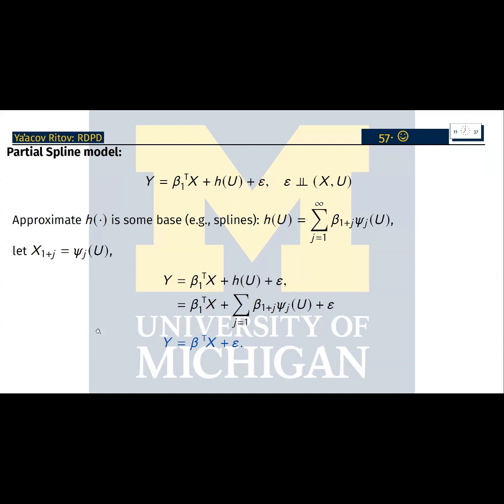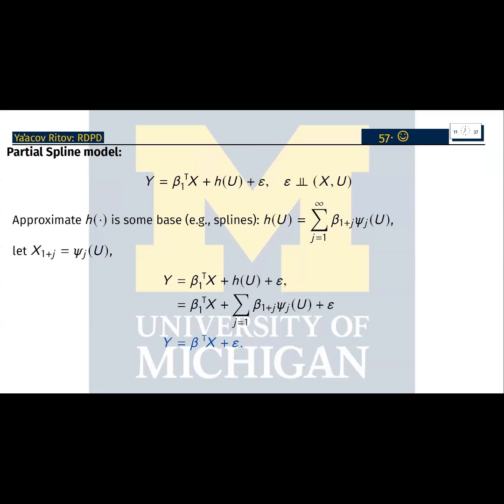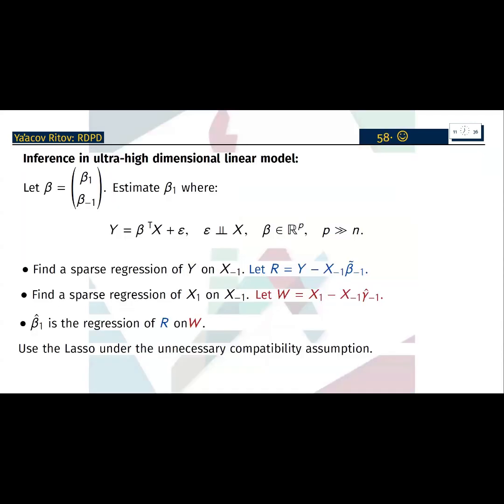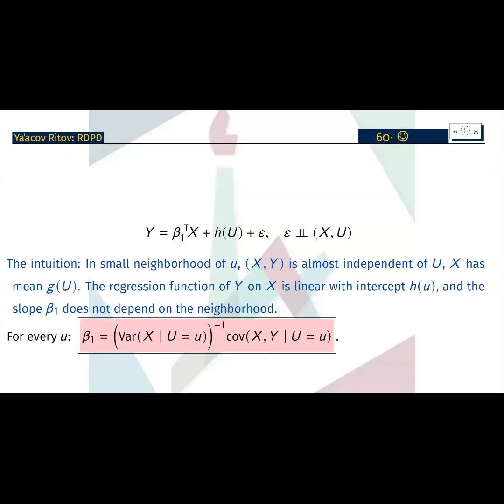Now I write this model, the partial linear model, I write it like that, which looks very much similar to this. In fact, that's what was done originally. The one thing that I want to say in the very strong sense, this problem and these problems are completely isomorphic.